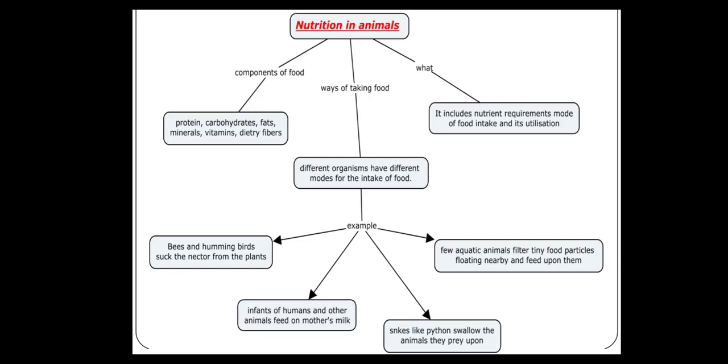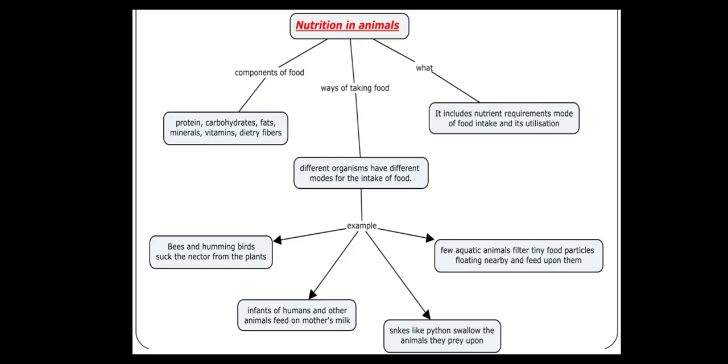So holozoic nutrition is a part of heterotrophic nutrition. The other two are saprophytic and parasitic. In saprophytic, a few organisms feed on dead and decaying matter. And parasitics are those which get their food from the host.